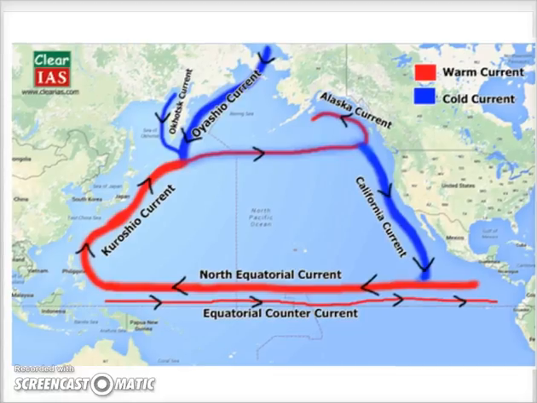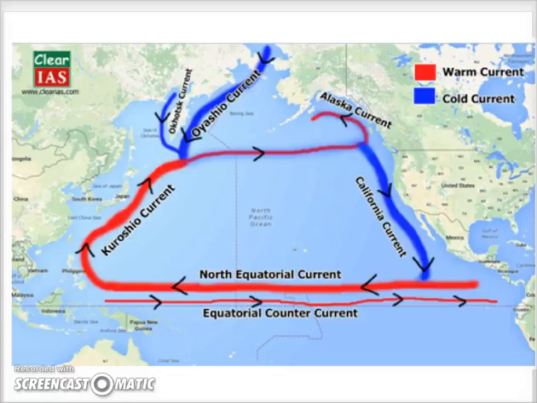From the southeast coast of Japan, the Kuroshio Current comes under the influence of westerlies and flows right across the ocean as the North Pacific Current. After reaching the west coast of North America, it bifurcates into two branches.